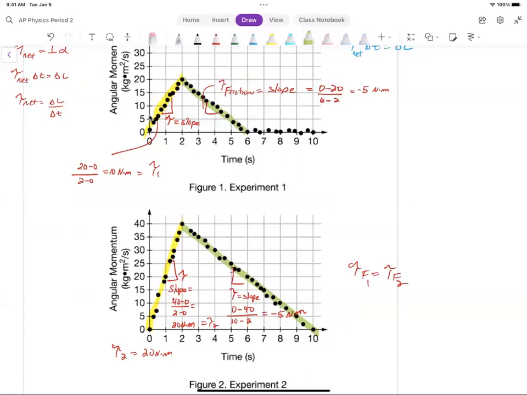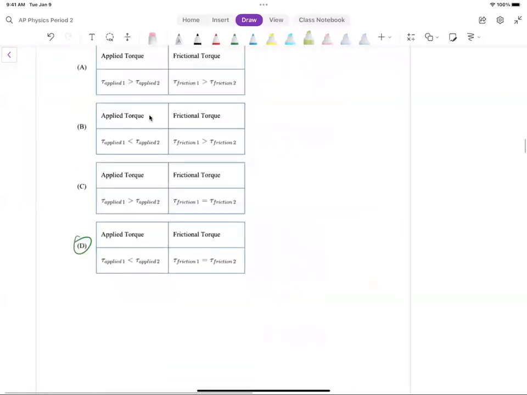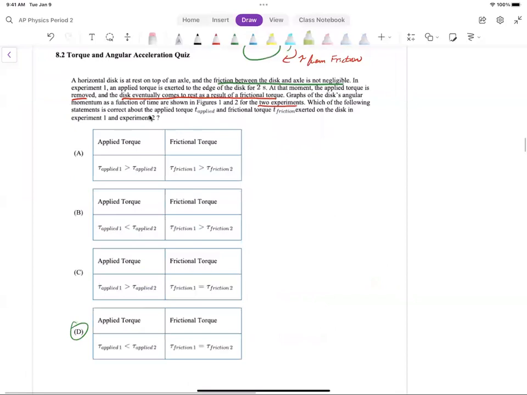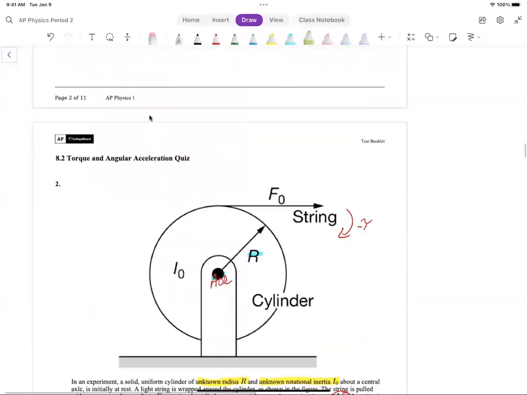And notice the friction in both cases has a slope of -5. In both cases, -5. So I'm assuming the same apparatus, which would make sense if the friction should be the same. So at any rate, you find the one that shows that torque 1 is less than torque 2, and the friction is the same amount of torque.